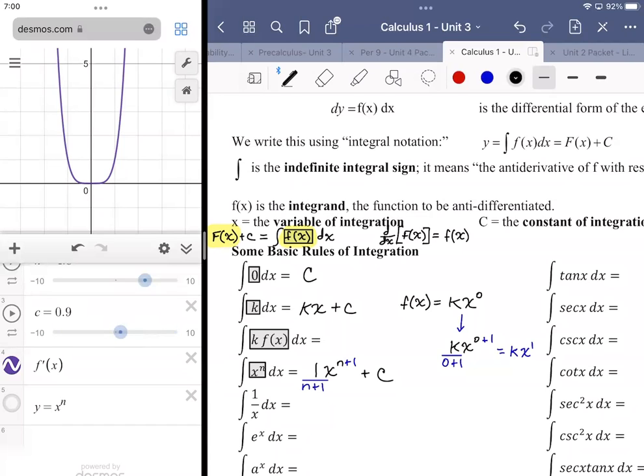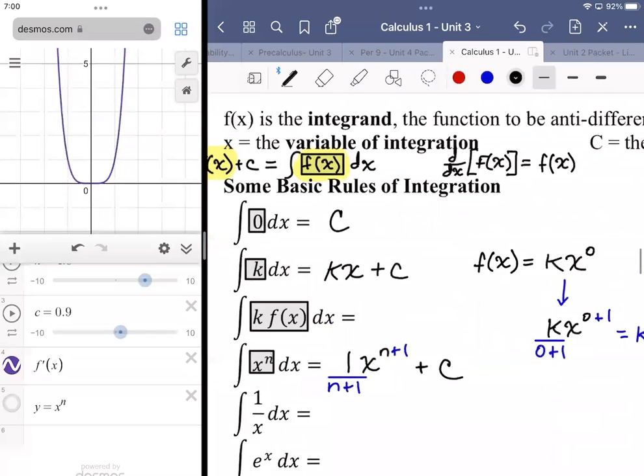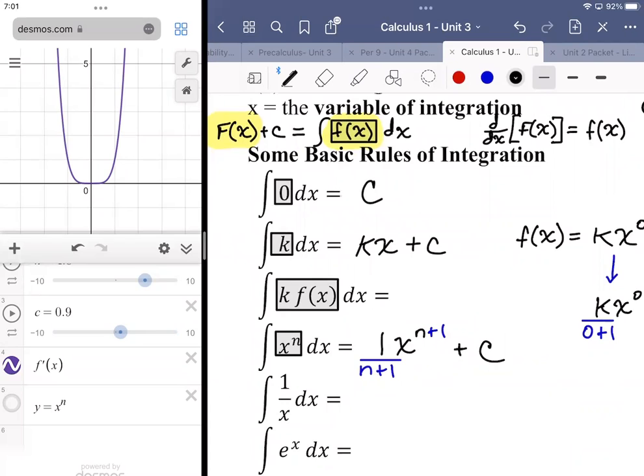Now, going back to the previous one, that's related to what we've referred to as a constant multiple rule for derivatives. This is really just a constant multiple rule for antiderivatives. That k doesn't have an x in it. It's a factor that doesn't have an x in it, so it doesn't even need to be in the integral.